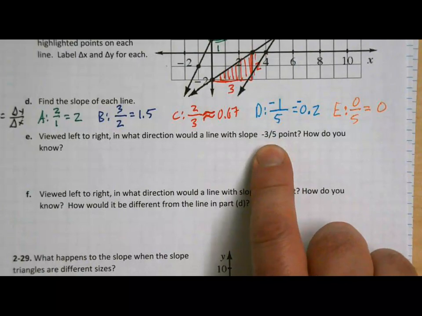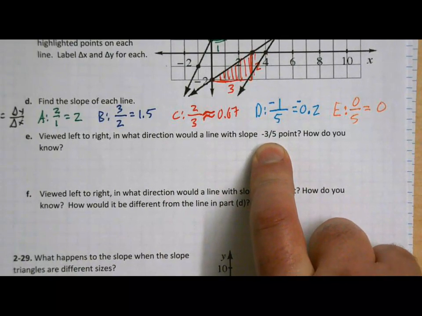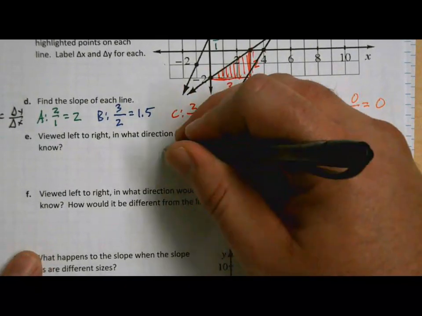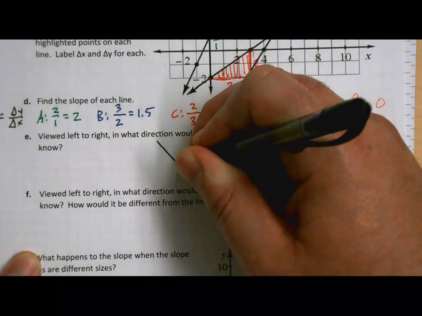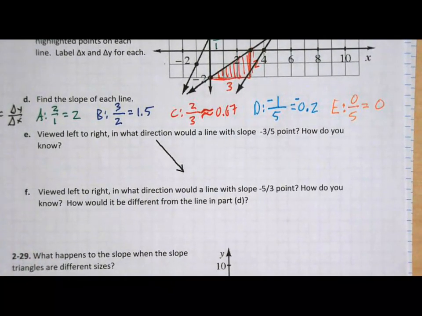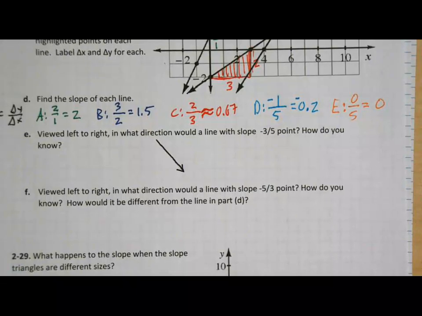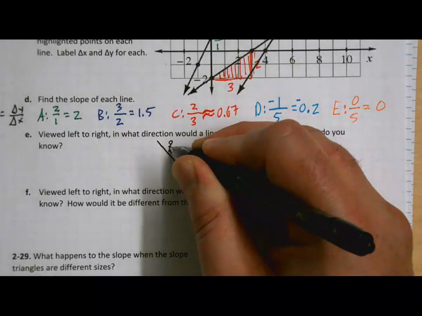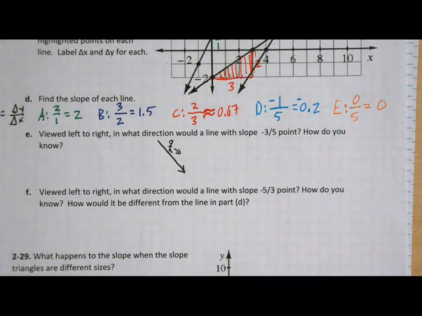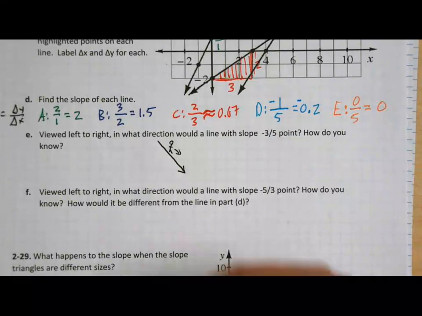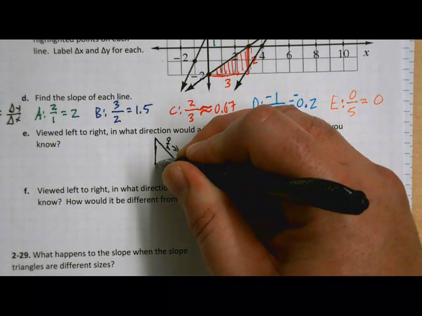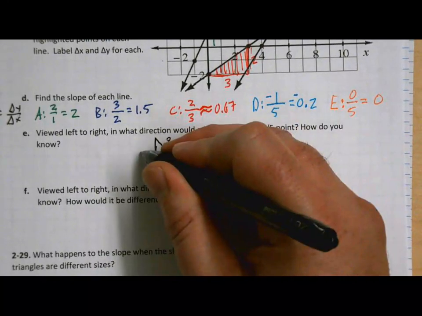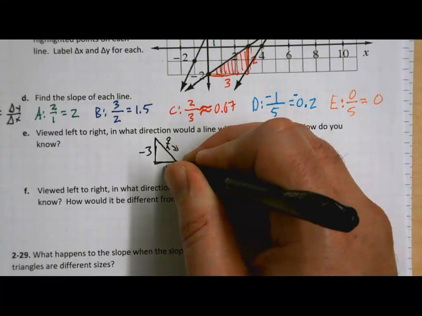Now, the fact that that has a negative 3 over 5 means that that line is going to be going downhill. It's going to be moving downhill. I know that because of that negative right here. That negative tells me that as I move from left to right, I'm going downhill along this line, which means if I wanted to do a slope triangle for it, my change in y is going to be negative 3, and my change in x is going to be 5.